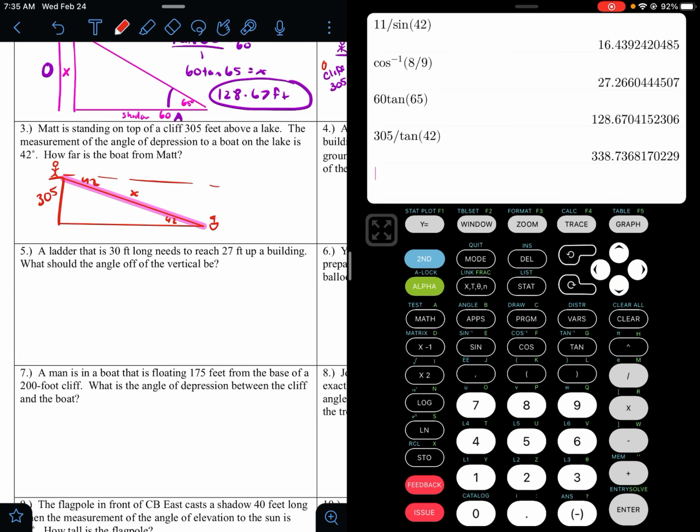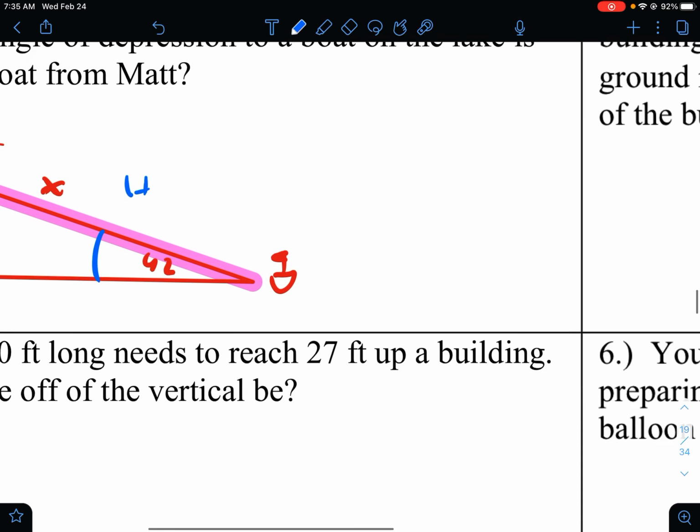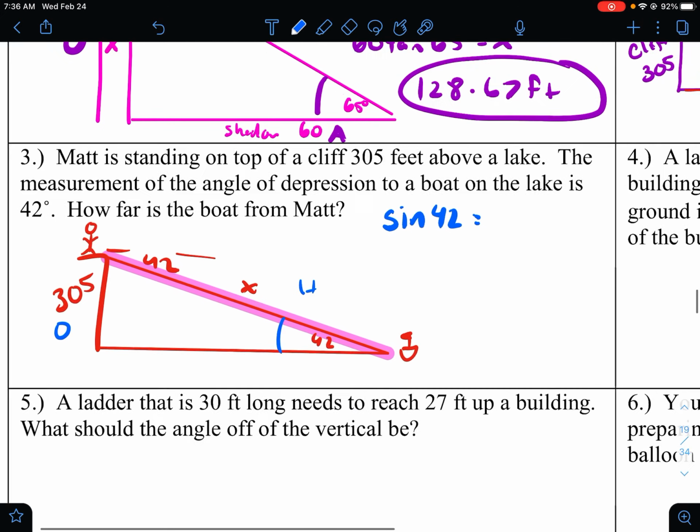So now if this is our angle, we've got opposite and we've got hypotenuse. So we're going to have to use sine here. Well, I'm running out of space. Sorry. We'll pull the calculator back up in a second. So we've got sine of 42 equals the opposite, which is 305, over our hypotenuse, which we don't know.